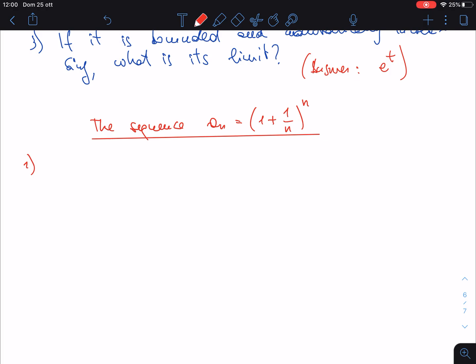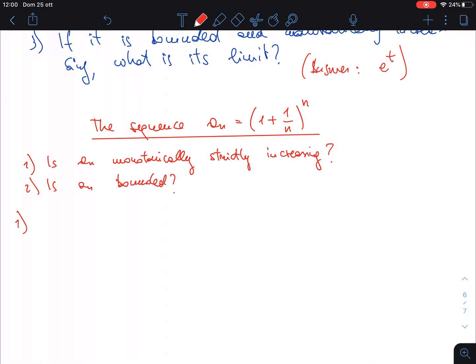So the first question is the following: is a_n monotonically strictly increasing? This is the first question. The second, is a_n bounded? So let us study point 1.